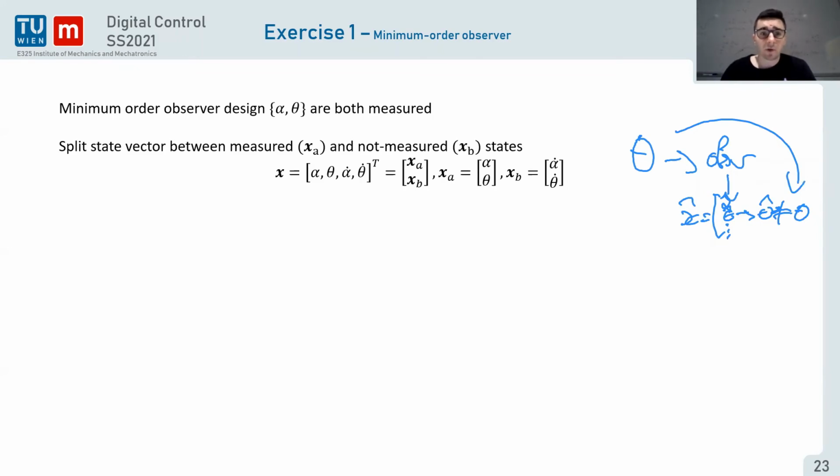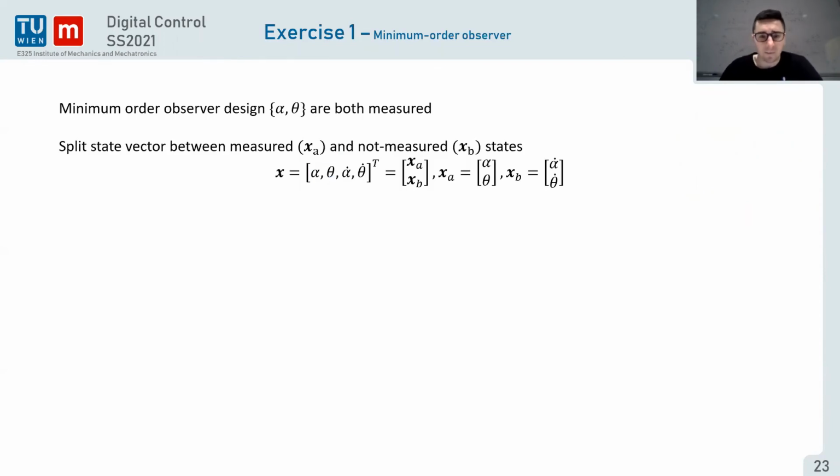Here, for a minimum model observer, theta hat will be rigorously equal to the measurement. So the estimated alpha hat and theta hat will be nothing else than directly what we measure. So we need the measurement to not be that noisy, or to be kind of filtered. And we'll see this problem in a second.